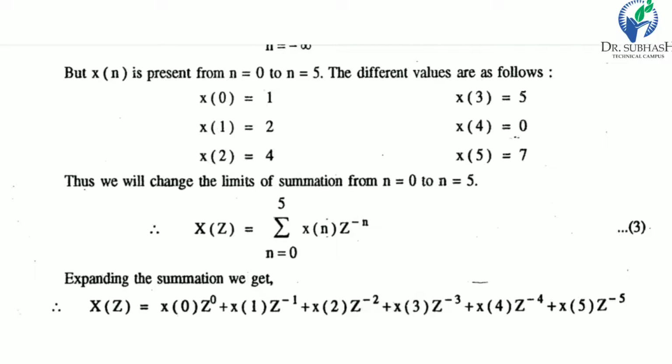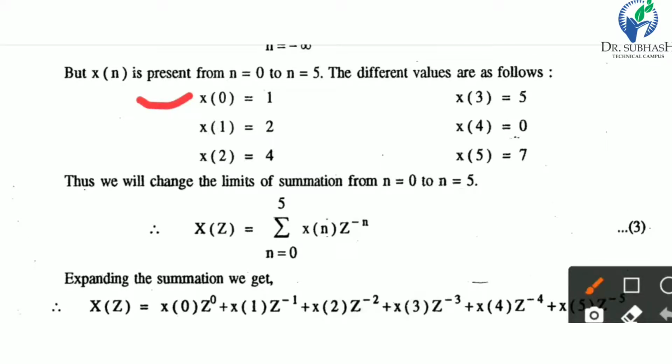The different values: x of 0 equal to 1, x of 1 equal to 2, x of 2 equal to 4, x of 3 equal to 5, x of 4 equal to 0 and x of 5 equal to 7. So we will change the limit of summation from n equal to 0 to n equal to 5 instead of n equal to minus infinity to infinity.